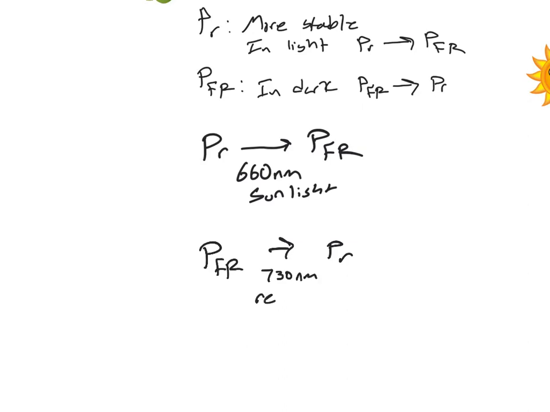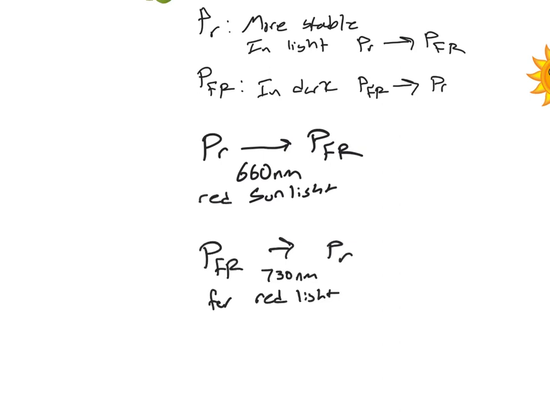This would be like light that bounces off of and reflects off of the moon. We call this far red light, and then our 660 is going to be just red light, red sunlight.